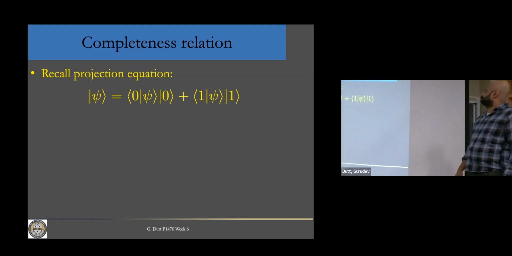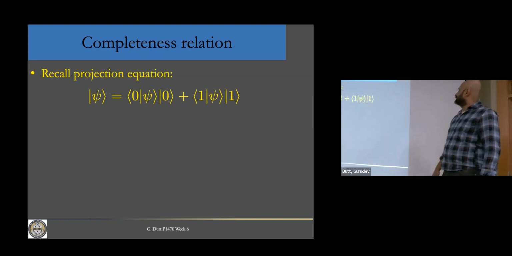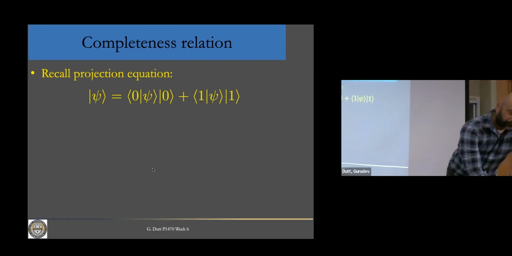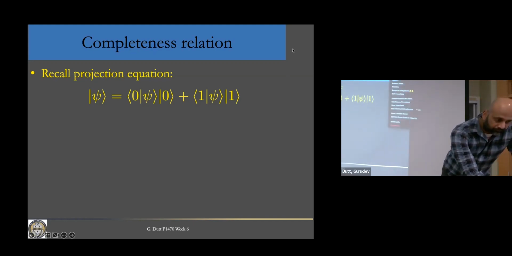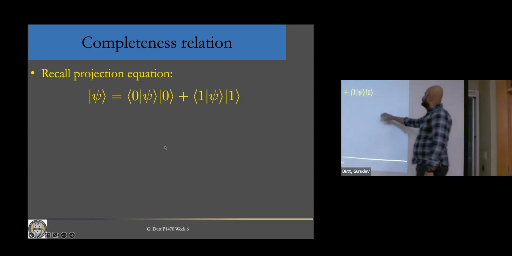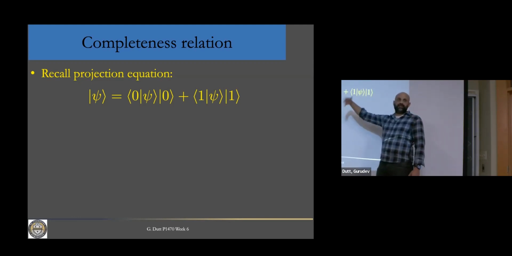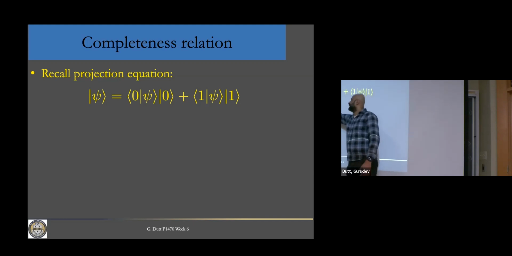So here is one more relationship that I want to introduce, which is called the completeness relation. So we recall this projection equation. What this projection equation is saying, if you remember, is that psi on the state 0 has a component.